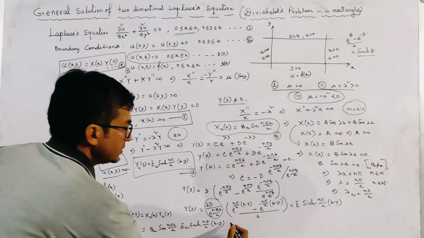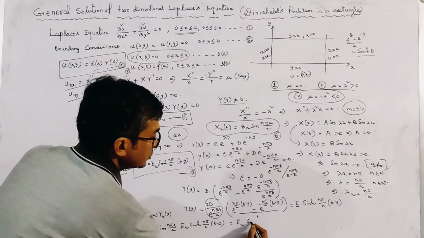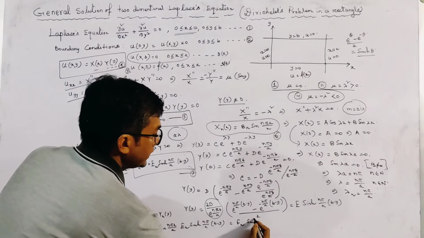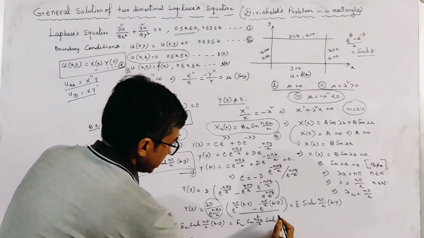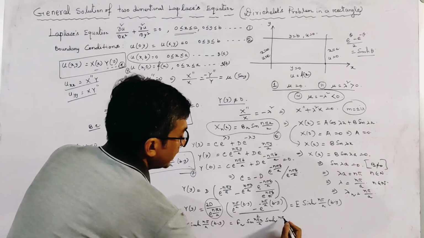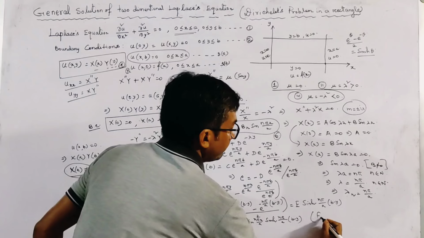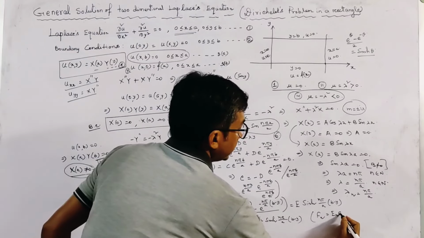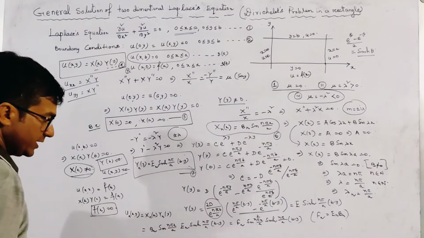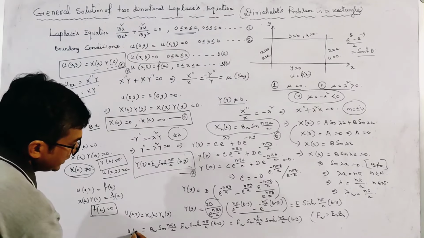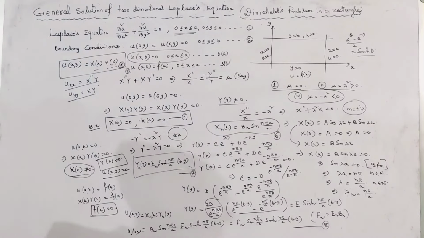And we take another constant, this is f n into sine n pi x by a into sine hyperbolic n pi by a into b minus y, where f n is equal to e n into b n. We let e n into b n be equal to another constant, this is f n, and this is u n x y, and we name this relation as relation number 8, right?